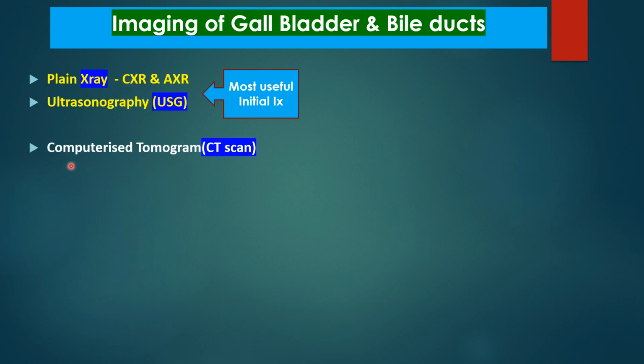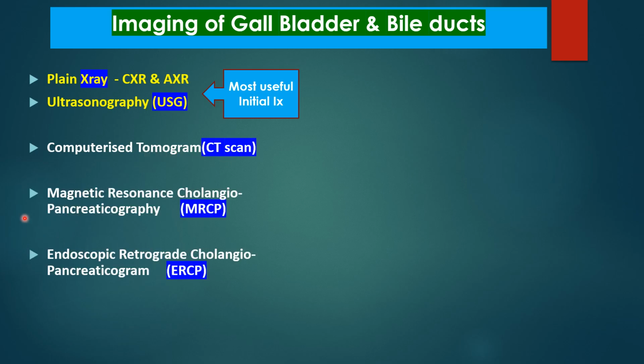Others include computerized tomogram, CT scan for mass lesions, magnetic resonance cholangiopancreatography or MRCP for imaging the pancreatic and bile ducts, endoscopic retrograde cholangiopancreatogram or ERCP, and endoscopic ultrasound or EUS with biopsy.